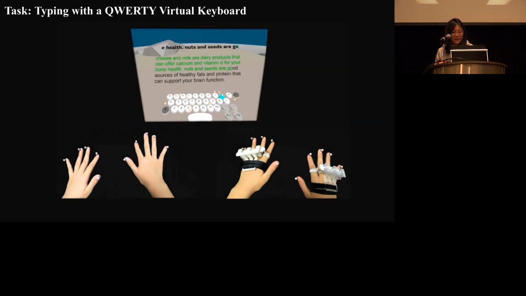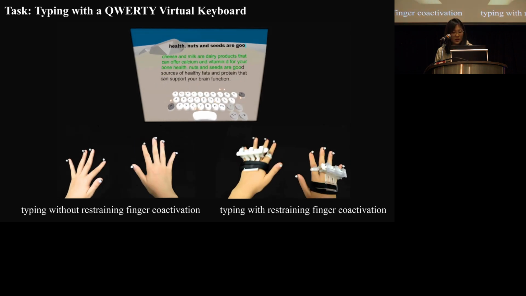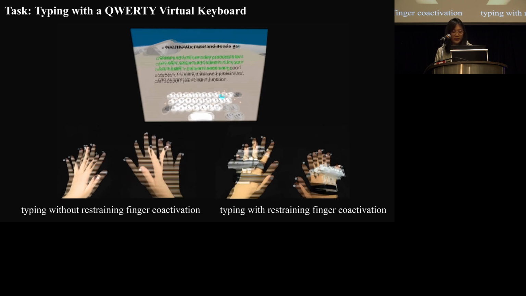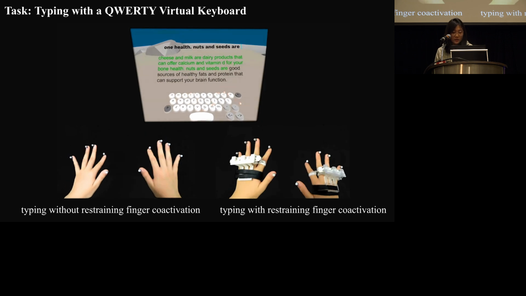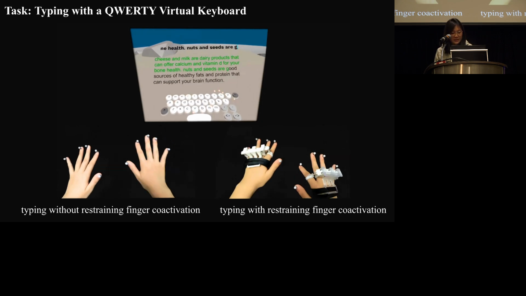Study 2 was a mid-air tapping task conducted within a VR environment, utilizing a QWERTY virtual keyboard interface. Participants are required to tap under 2 conditions, that is, restraining finger coactivation or not, compared to the cyclic actions in Study 1.